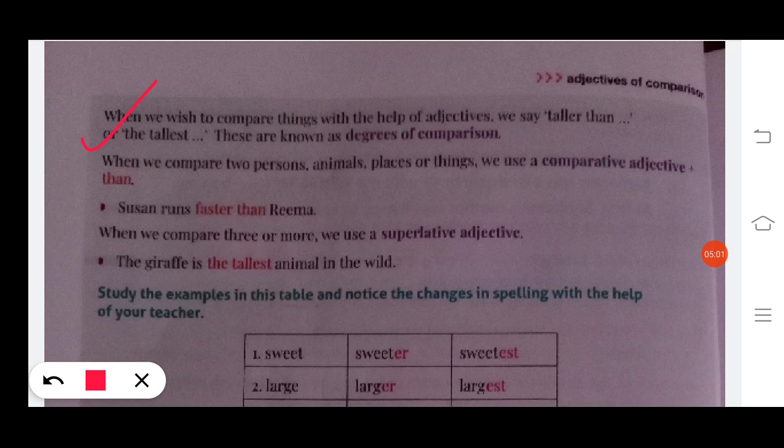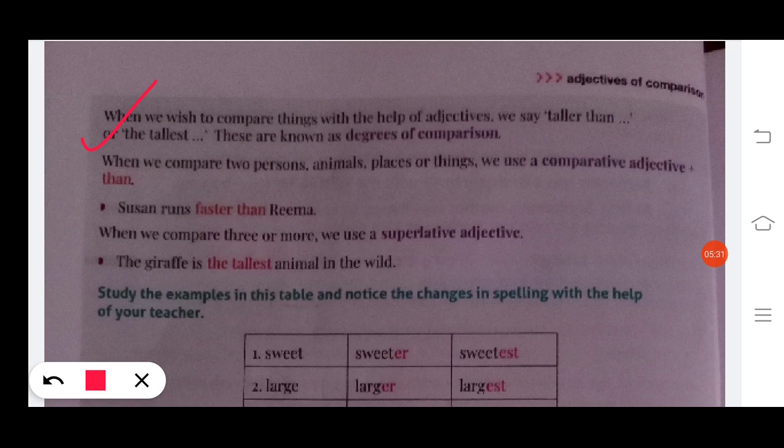When we compare two things with the help of adjectives, we use er plus than. And if we use the superlative degree, when we are comparing one thing with more than two things, then we use the superlative degree.